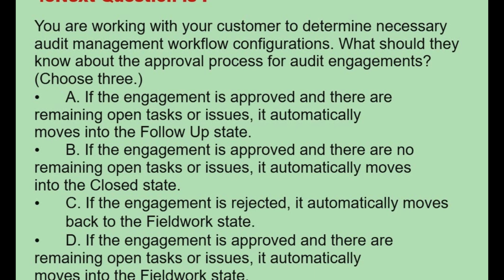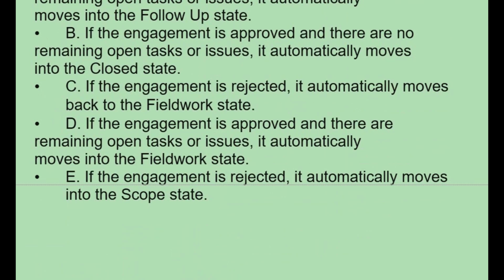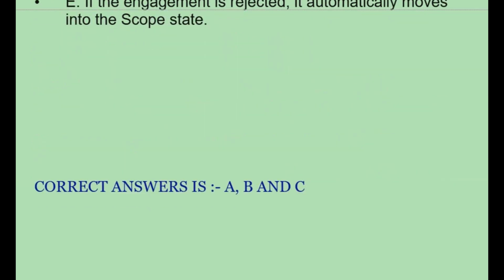Option C, if the engagement is rejected, it automatically moves back to the fieldwork state. Option D, if the engagement is approved and there are remaining open tasks or issues, it automatically moves into the fieldwork state. Option E, if the engagement is rejected, it automatically moves into the scope state. Correct answer is option A, B, and option C.